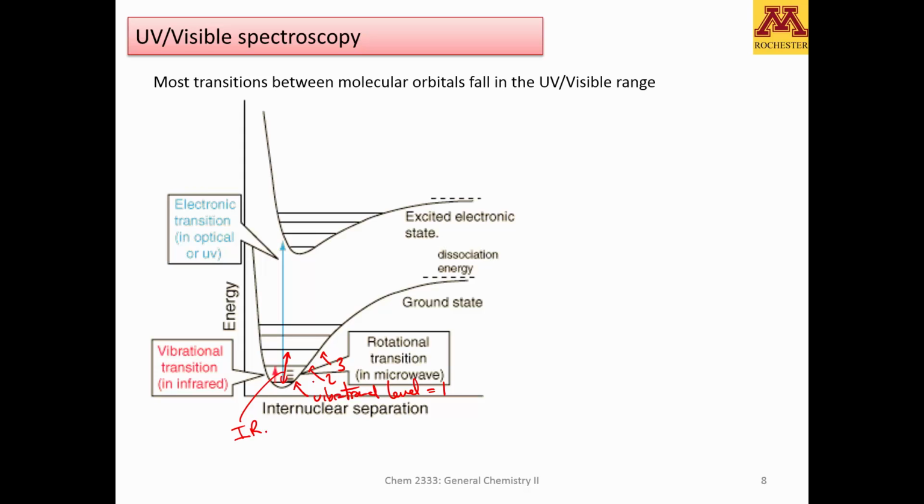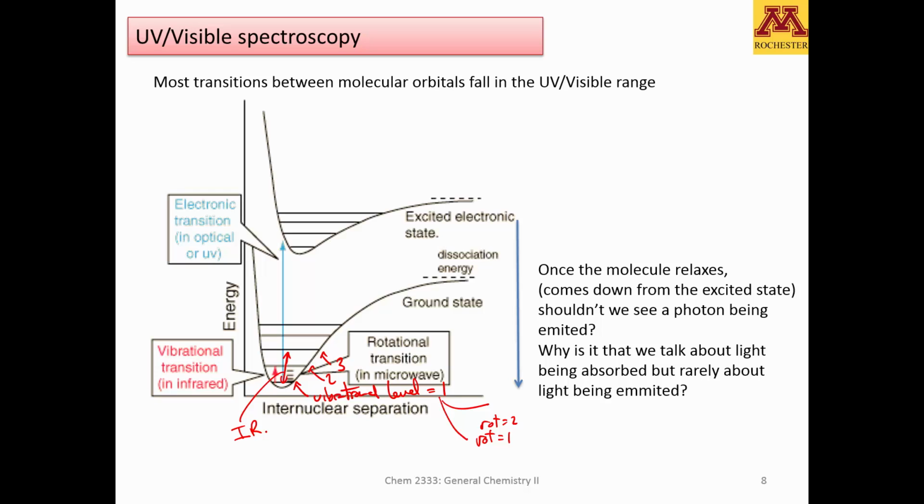And for each of the vibrational levels, there is rotational 1, rotational 2. This is why you can see in these kinds of diagrams how one can move from one energy level to another, which includes electronic, vibrational, and rotational.